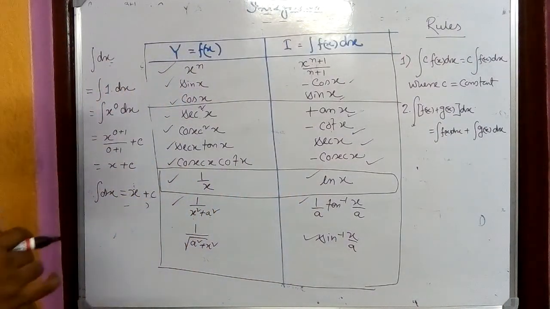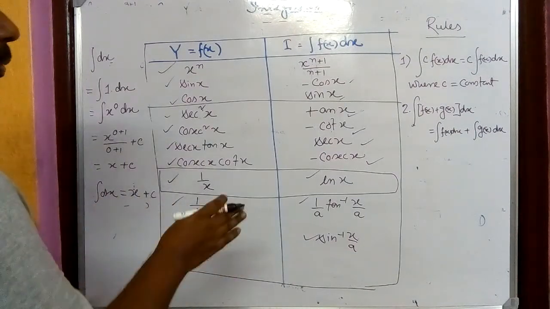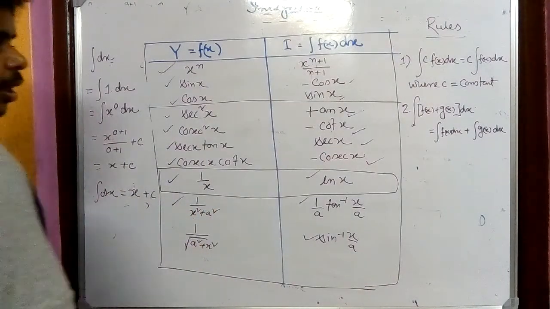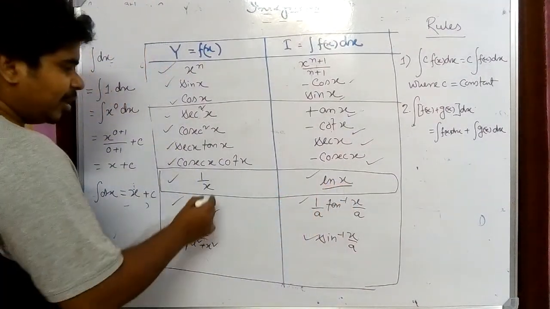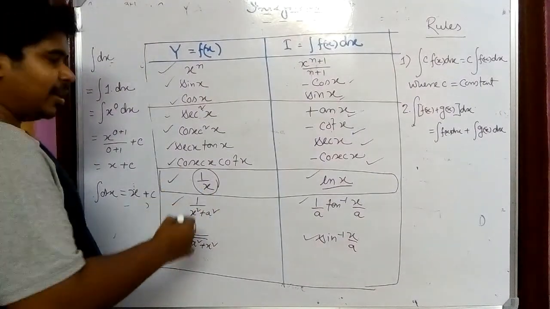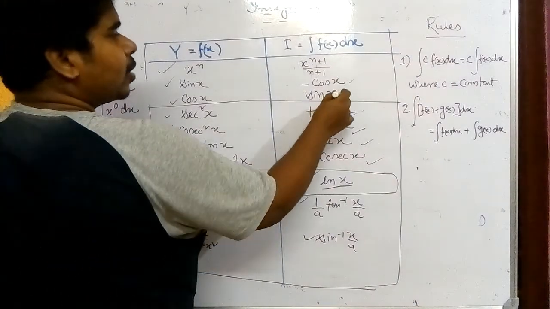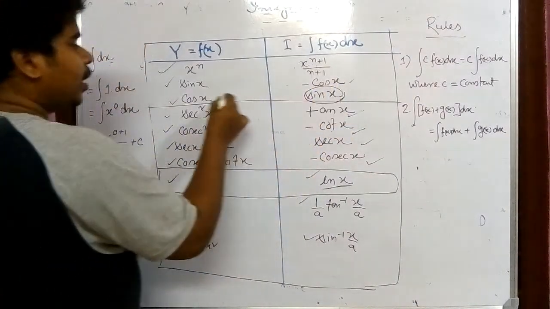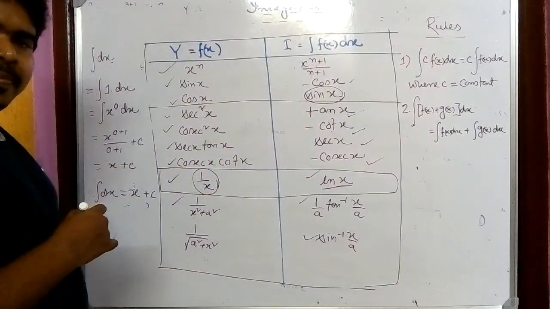But whenever we see these functions, it might come to our mind that the things are opposite in integration compared to what we have done in differentiation. See, previously the differentiation of ln x is 1 by x, and here integration of 1 by x equals ln x. Previously, differentiation of sin x equals cos x, and integration of cos x equals sin x.